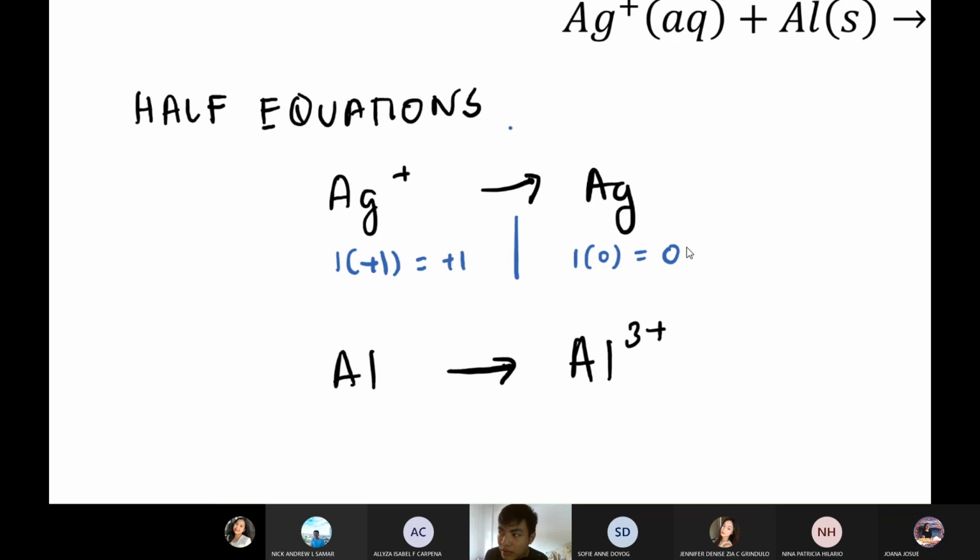Okay, so if I am going to make 1 to 0, yung positive 1 na charge papunta sa 0, anong gagawin ko? I should add 1 electron. Bakit, no? Kasi, coefficient times charge tayo, o 1 times negative 1. 1 times negative 1 is negative 1 plus 1, 0, no? So, by adding 1 electron, I brought down the charge of the left side. Binaba ko yung charge niya to 0, which is now equal to the other side.